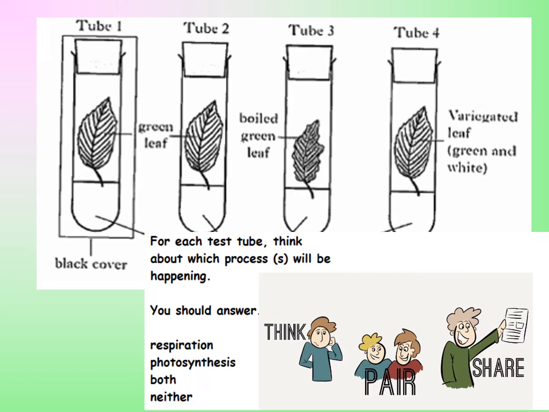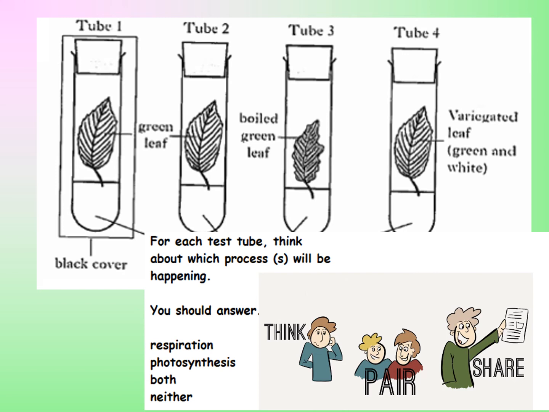So, we're going to work out which processes are happening in each of these test tubes. So we've got tube 1, 2, 3 and 4 and a green plant in each one. And we've got to decide whether respiration, photosynthesis, both or neither are happening. Now, variegated means you've got green, you've got chlorophyll and a bit of white.